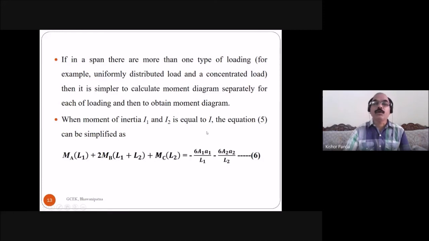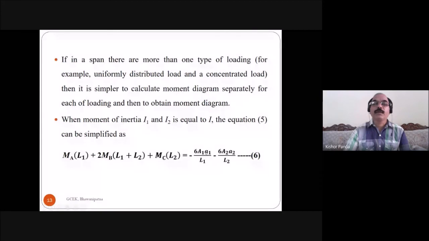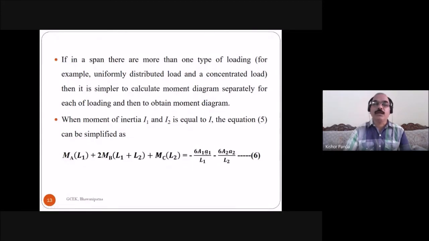So if the UDL is present and the point load is present in one span, in that case you have to draw one free BMD for the UDL and another free BMD for the point load for span AB. If only UDL is present, then you draw only the UDL free BMD. If two loads are present, you have to draw the free bending moment diagram separately for span AB.